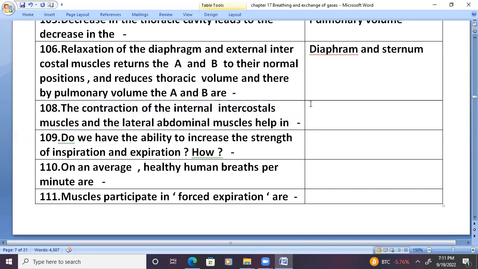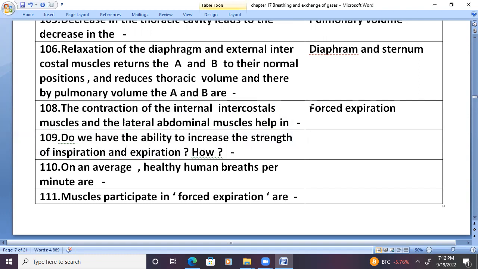The contraction of the internal intercostal muscles and the lateral abdominal muscles helps in forced expiration.